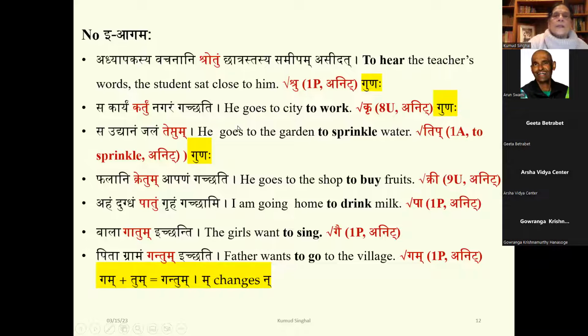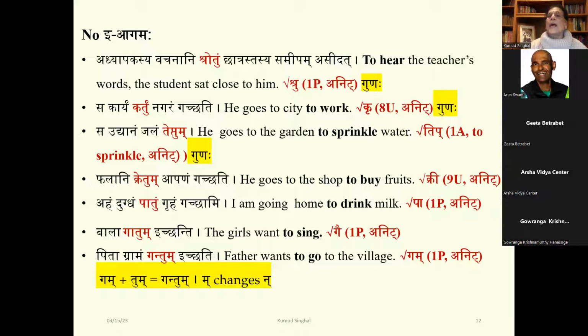When you are talking about tumun pratyaya, there are things one has to watch out for. One is that the ending vowel and the medial vowel are going to take a guna. Third, if the dhatu is set, because tumun itself is a set pratyaya, then e will come between the dhatu and tum.